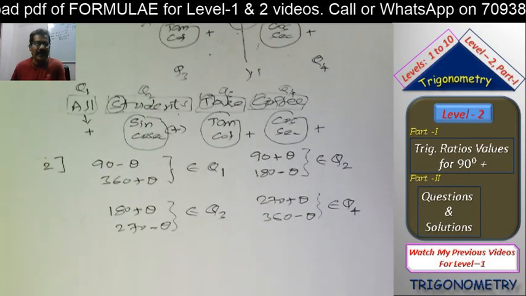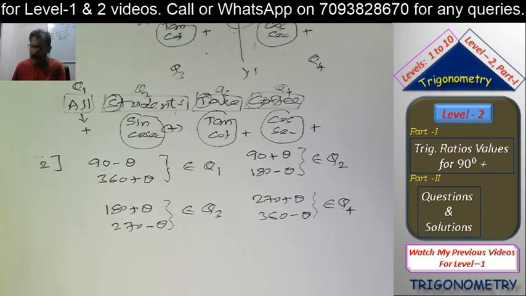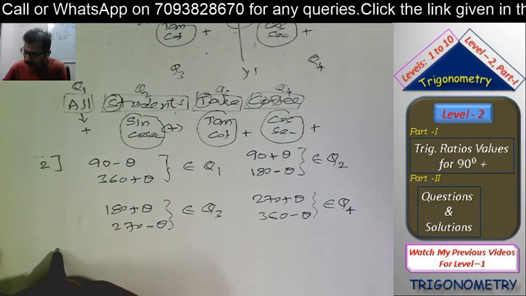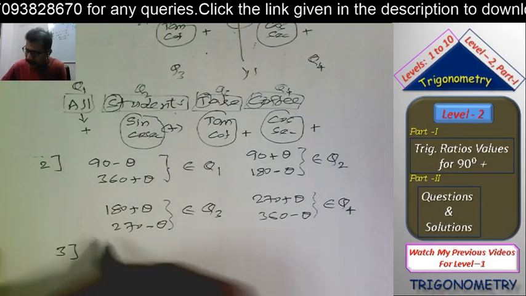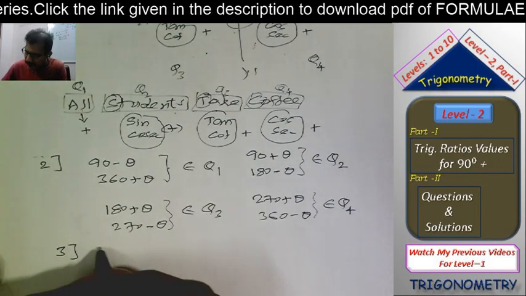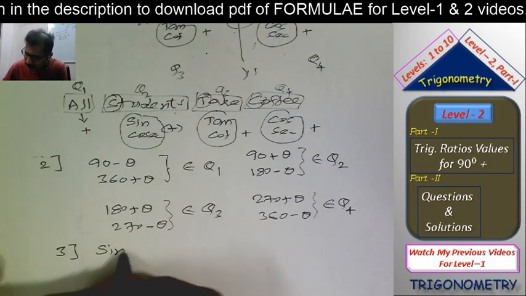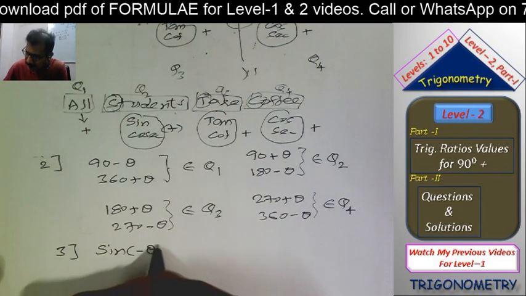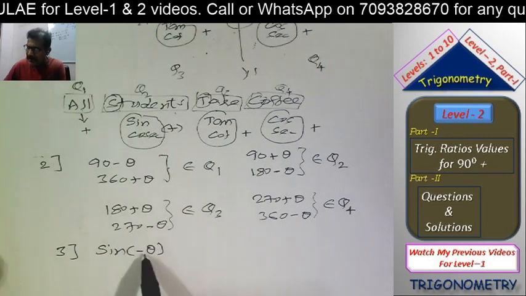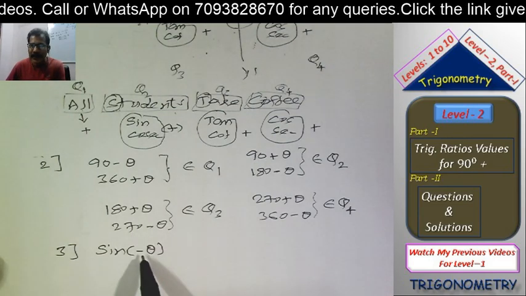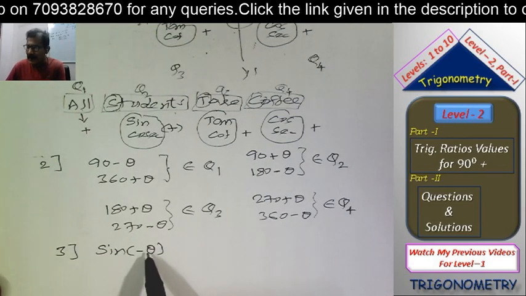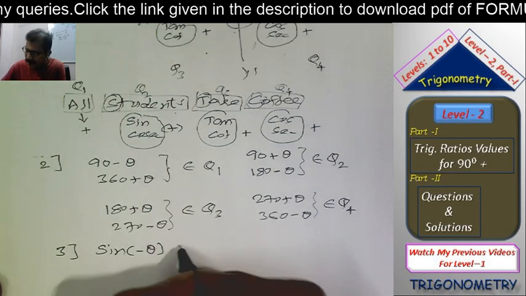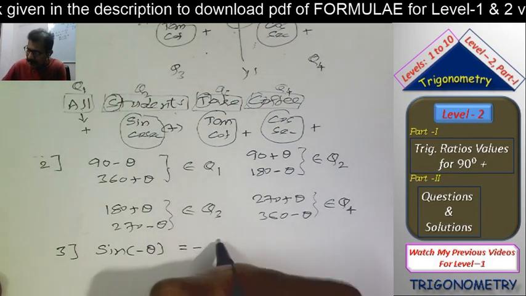So that we see in point 3. In the third point, we are talking about the negative angle, means sine of minus theta. Remember, this negative angle belongs to fourth quadrant. Only cos and secant are positive, all others are negative. Since it is a sine, the result is minus sine theta.